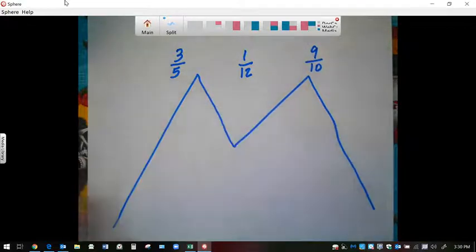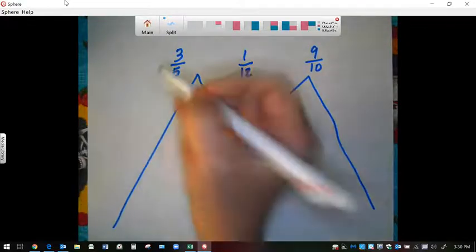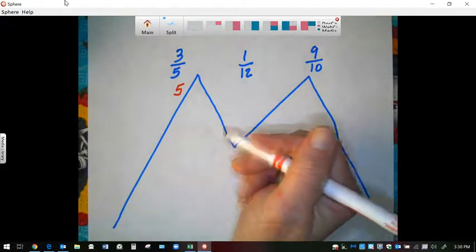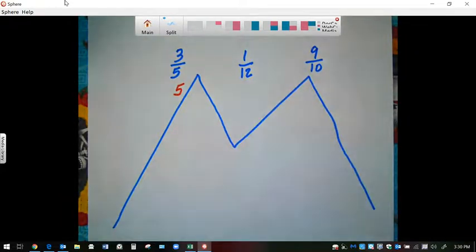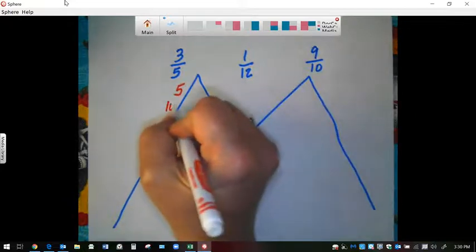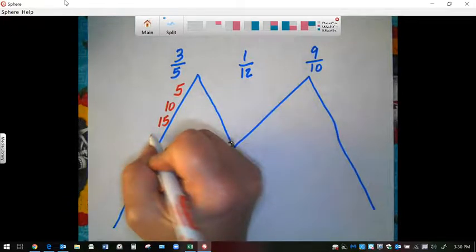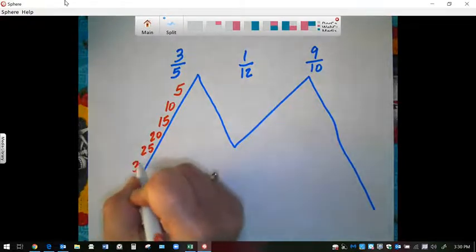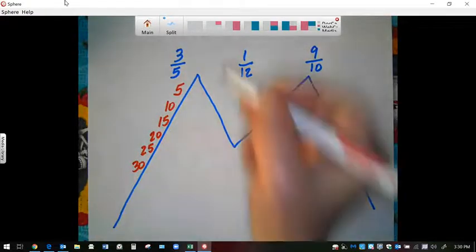So we're going to start writing our multiples. And remember, the first number you use is the multiples that we're working with. So it's 5, 10, 15, 20, 25, 30. And then we've got the 12.